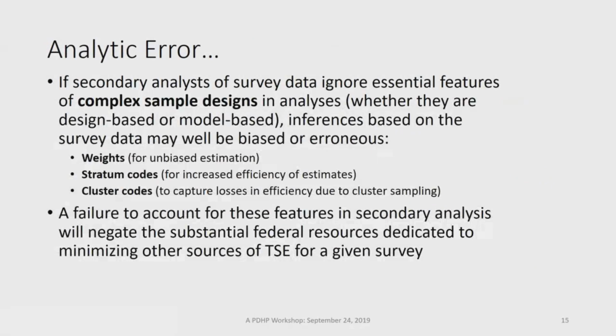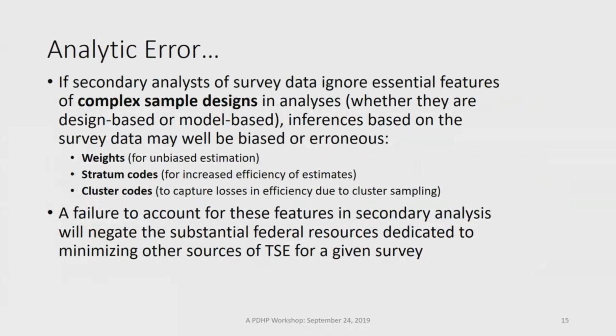Okay? So again, if secondary analysts ignore these features of complex sample designs, whether they're taking design-based or model-based approaches, survey estimates could be erroneous. So for example, weights are designed to give you unbiased estimates of what's happening in the population. Stratum codes give you that increased efficiency of the estimates. Cluster codes capture losses in efficiency due to cluster sampling, increased standard errors.